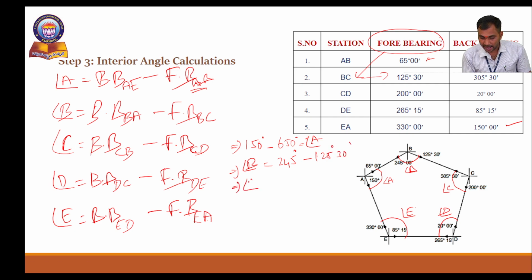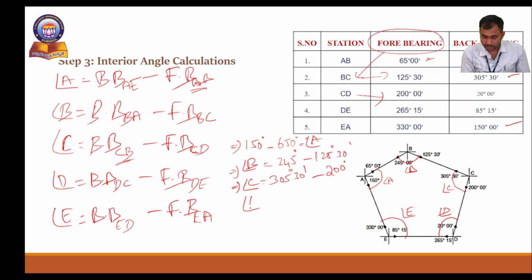Next, for angle C, what is the back bearing of C to B? 305 degrees 30 minutes minus the forebearing of C. We have to check the forebearing column for CD, which is 200 degrees.